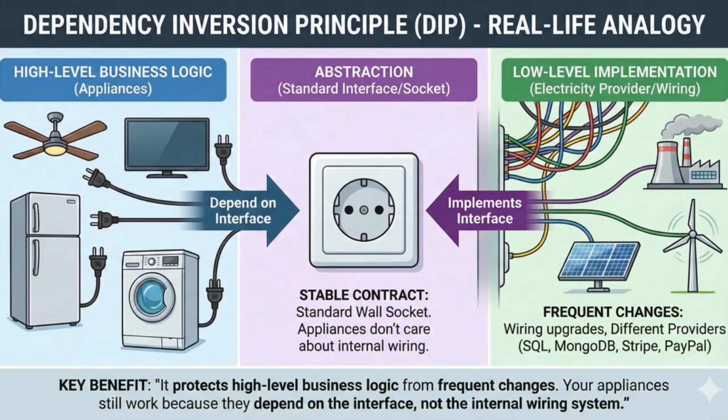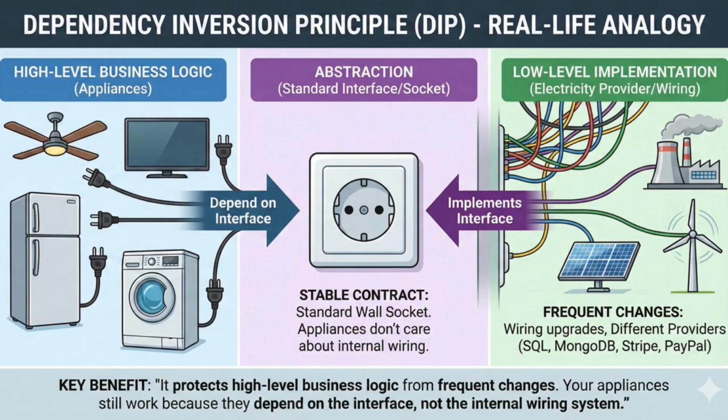Let's understand this using a real-life analogy. Think about electrical appliances in your home. Your fan, TV, refrigerator, washing machine. None of them are directly hardwired to electricity. Instead, they are designed to connect using a standard plug. The wall socket acts as a standard interface.